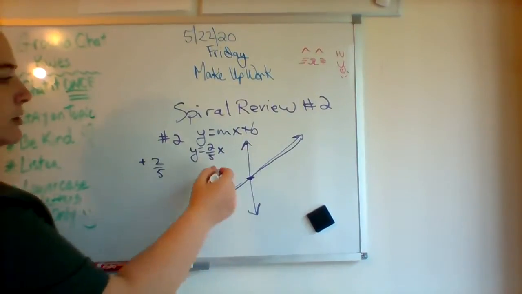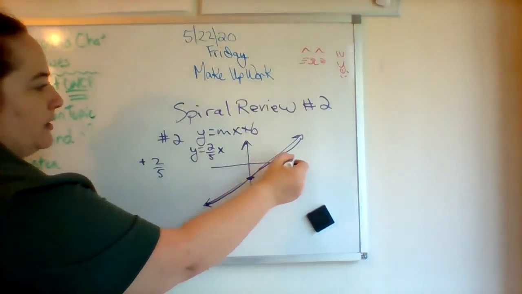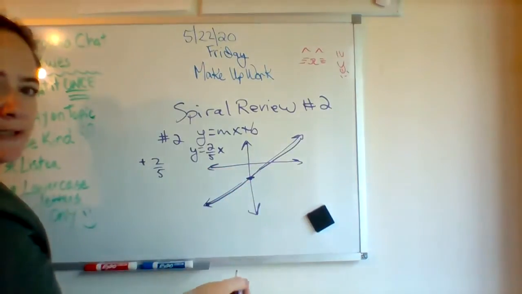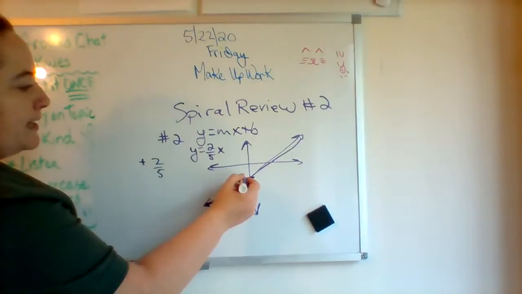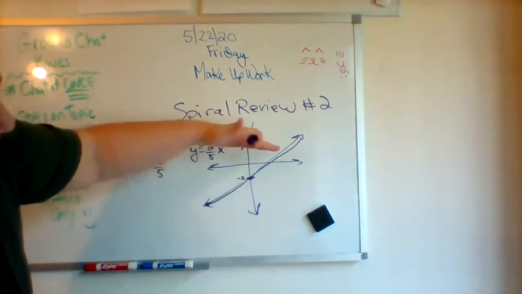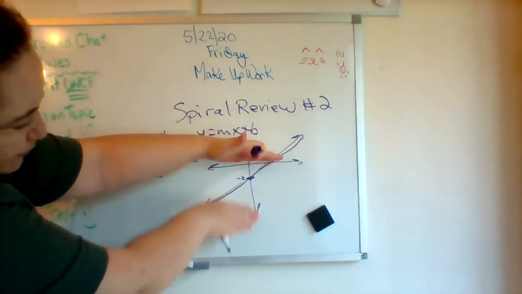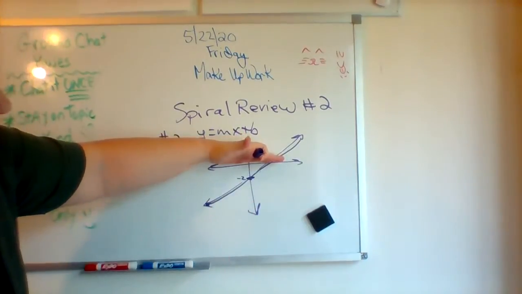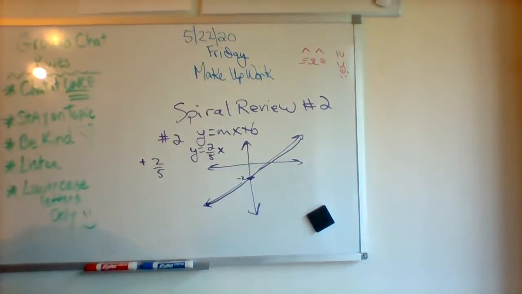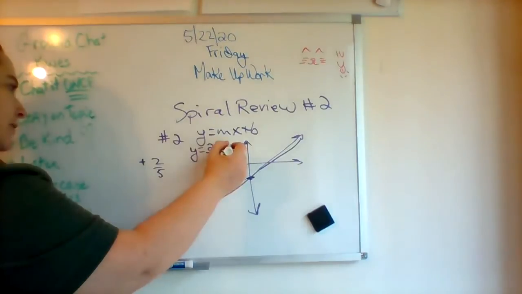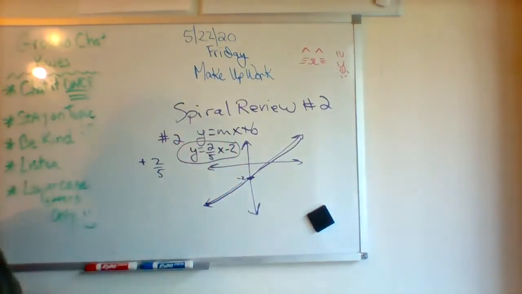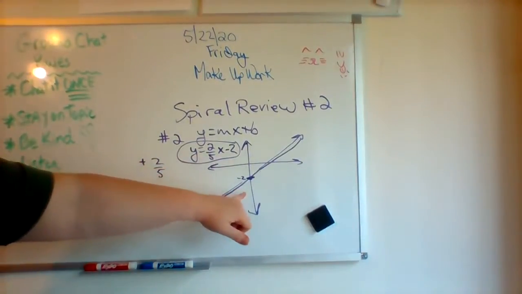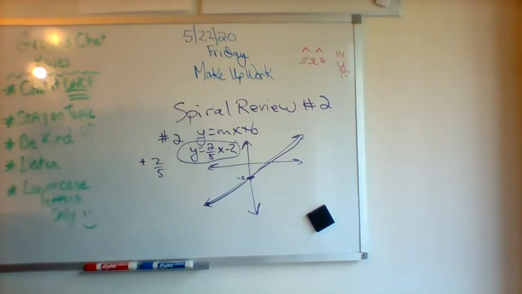It looks like the X-axis is a little bit above it, and it says here they're counting by twos, and this one here says -2. Anything below the x-axis for y is going to be negative. So this is a -2. So you're looking for the equation that is y equals 2/5 x minus 2. That's the correct equation for this line. Okay?